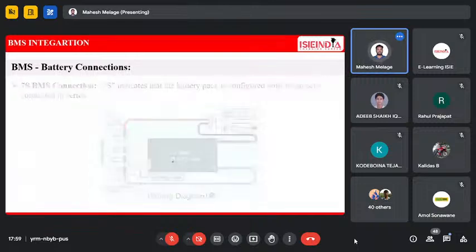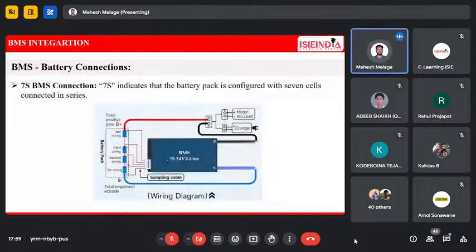Similarly, we design the 7S. What is meant by 7S? It means 7 cells are connected in series. Okay, this is the battery pack, the BMS. This is the BMS. This is the 7 terminals. First is the B negative. Next, this is a B1. This is a B2.